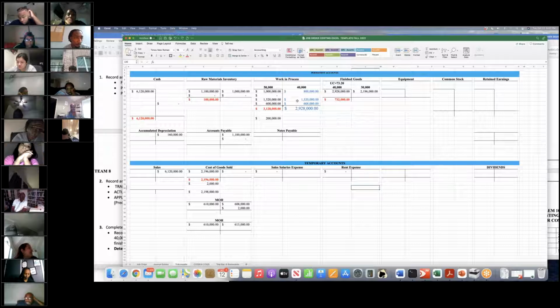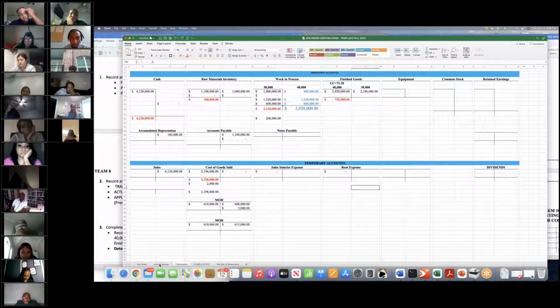The workers have been paid, so that cost is gone, and so it's the overhead. But since we completed 80% of the books, 40,000 over 50,000, that's 80%. 80% of the manufacturing costs will be transferred out. And so we add these costs together and we get $2,928,000.